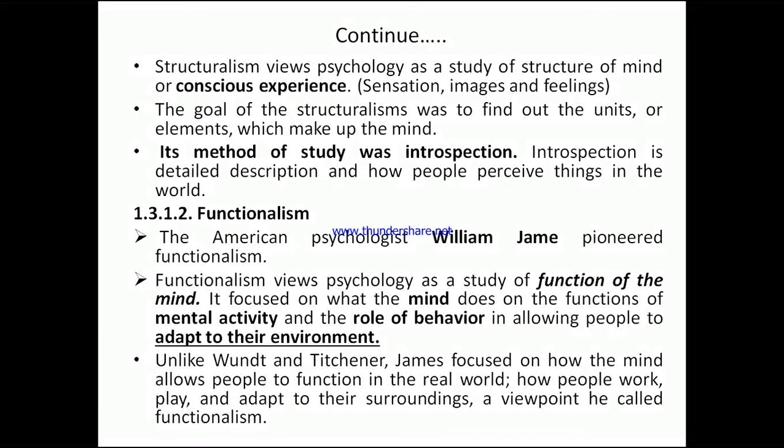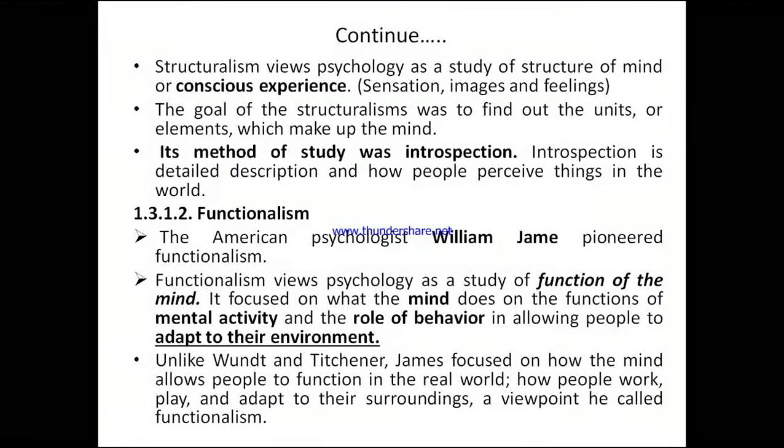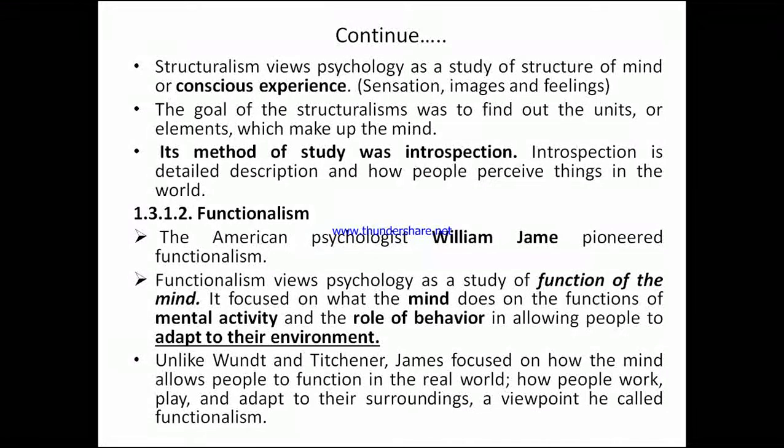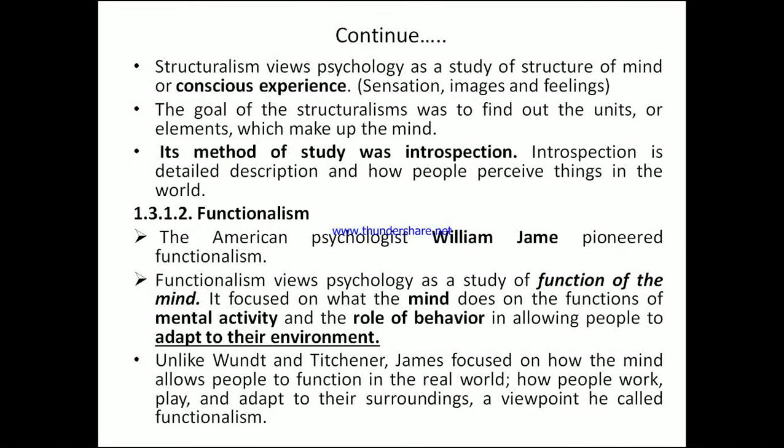The second school of thought or perspective in psychology to come into existence is functionalism. The American psychologist William James is a pioneer and is considered the founder of this school of thought. What is the focus or subject matter of psychology based on this school of thought?